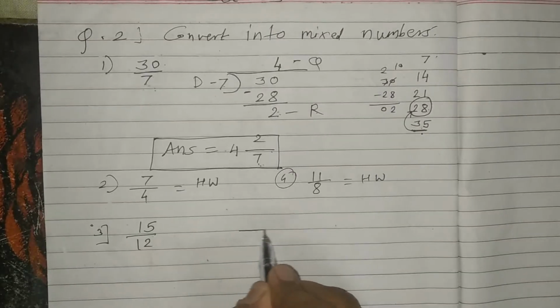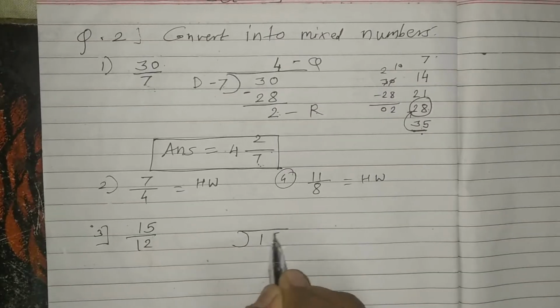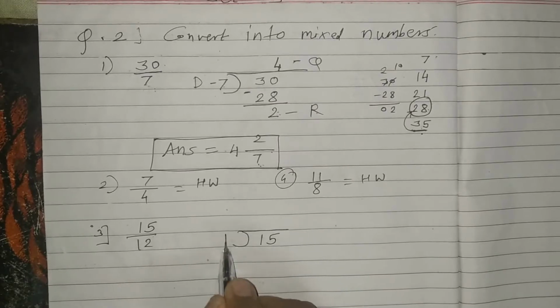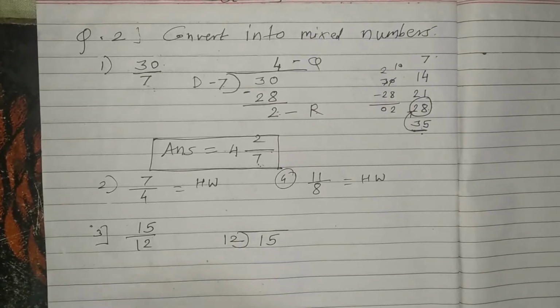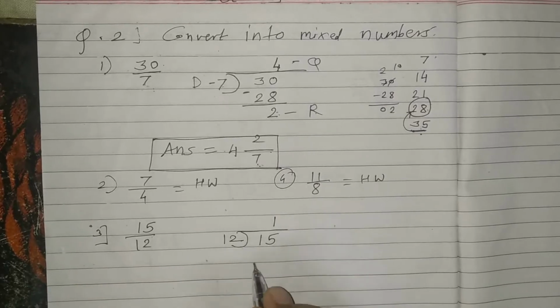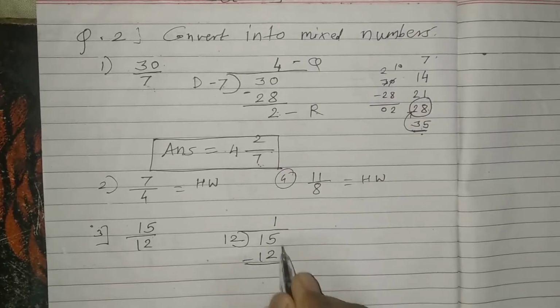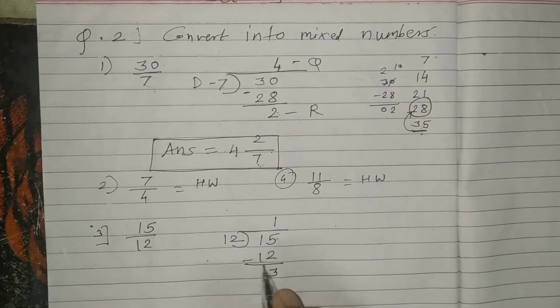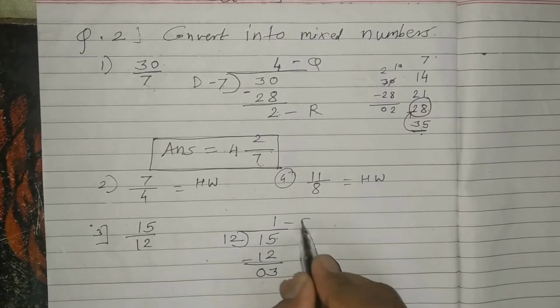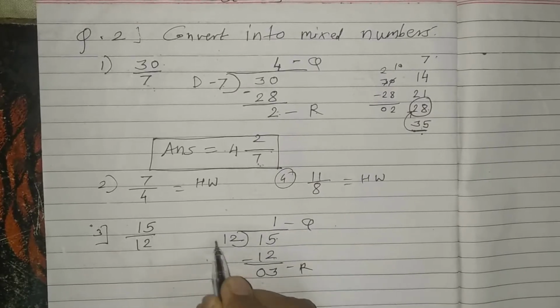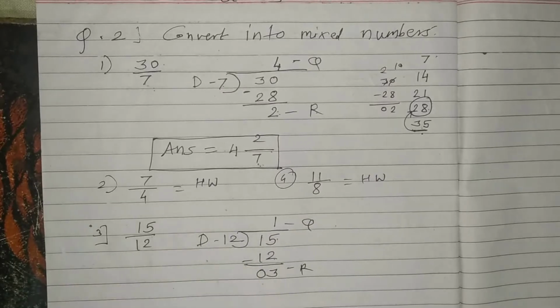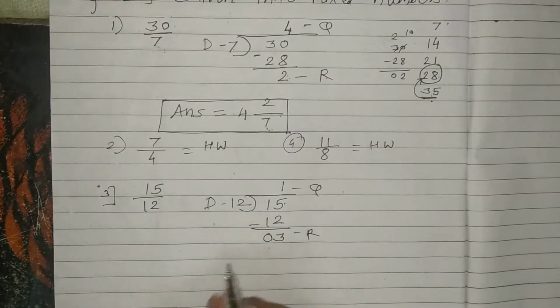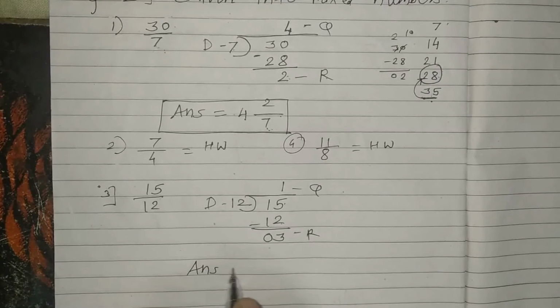Again make a division sign. 15 divided by the downside number, that is 12. No need to go ahead. 12 twos are 24, so go directly here. 12 ones are 12. 5 minus 2 is 3. 1 minus 1 is 0. So this is your Q, this is your R, this is your D. Write this for your information, and write the answer in our form.